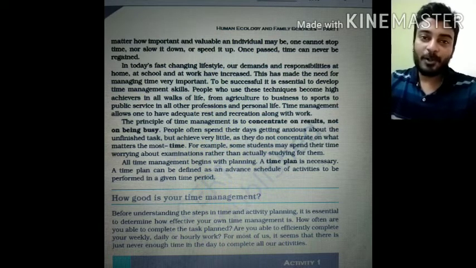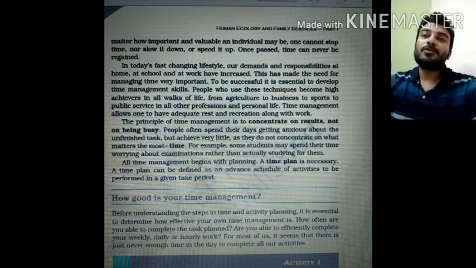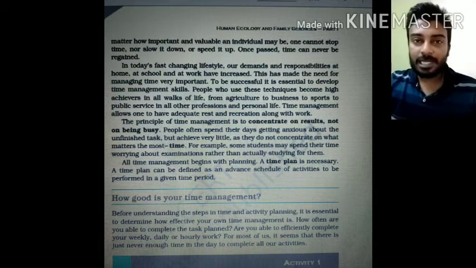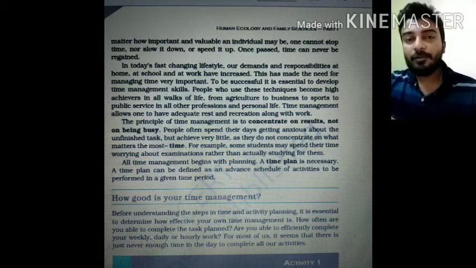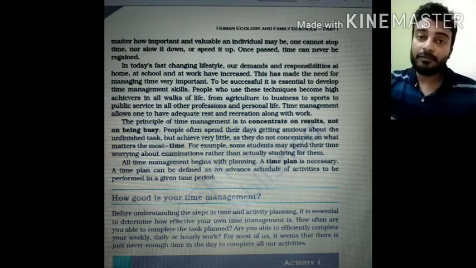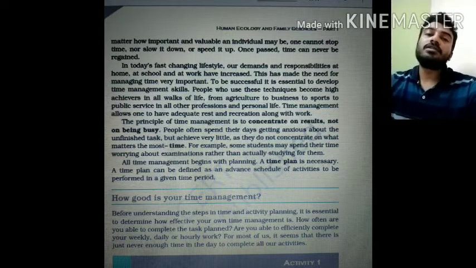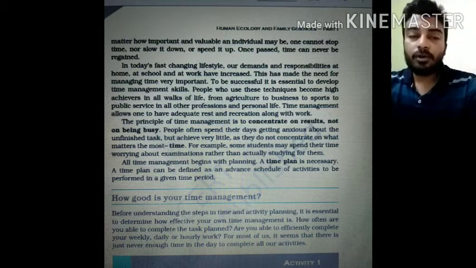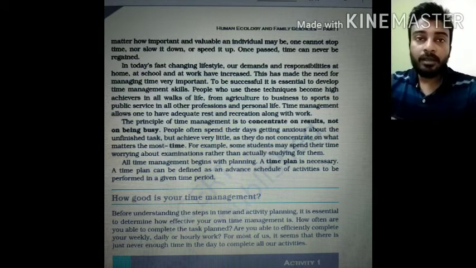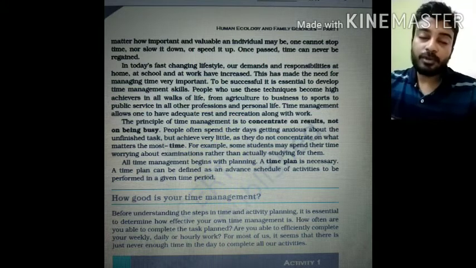So you have to plan for a little time what you are going to do the next day, and start with that plan from the very first hour of the morning. This is how you should start your work, by planning, so that you can utilize your time properly.